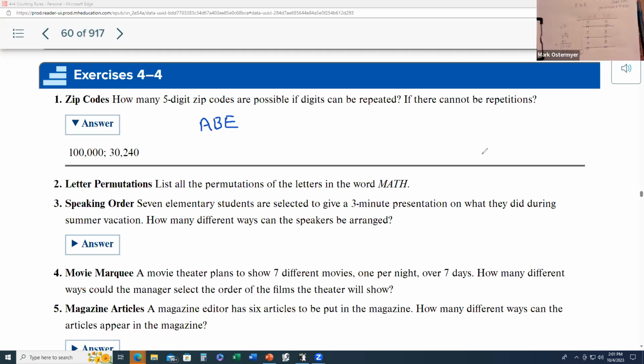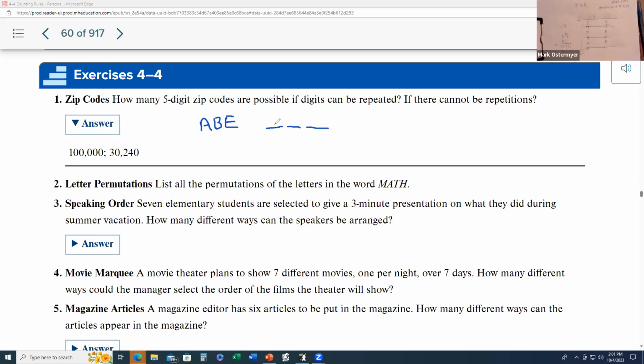How many unique different ways can I arrange these 3 letters? Anybody? How would we determine the number of ways? I multiply the ways you can put each letter in each slot. That's right. Yeah, you can think of it as being like 3 slots. First slot, second slot, third slot.